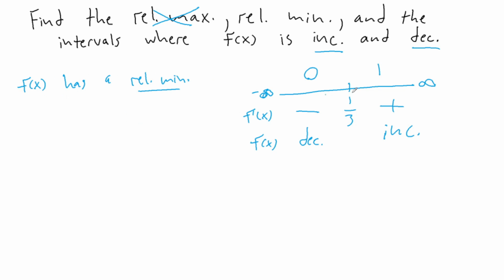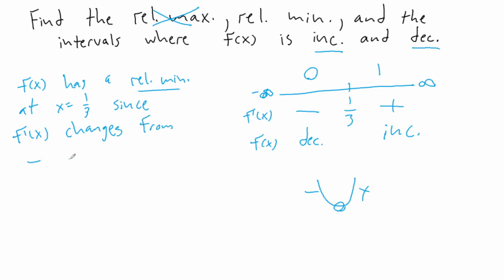So f of x has a relative minimum at x equals 1/3, since f prime of x changes, and that's important, because at any relative max or relative min, f prime is changing. In this situation, it's changing from negative to positive. So since f prime of x changes from negative to positive, that's our statement for relative minimum.